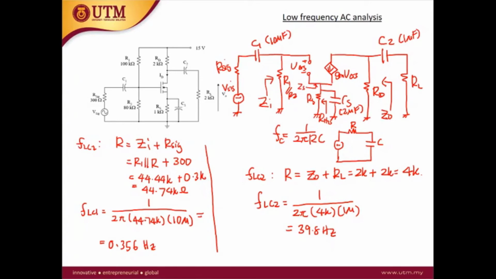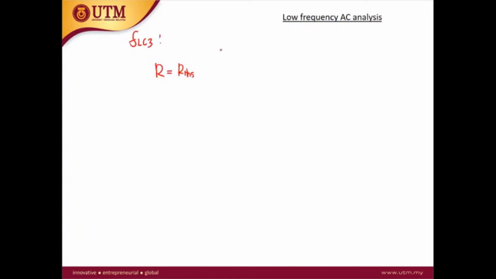This is similar to the calculation of output impedance for the common drain configuration. RTHS is equal to RS parallel with ZS.